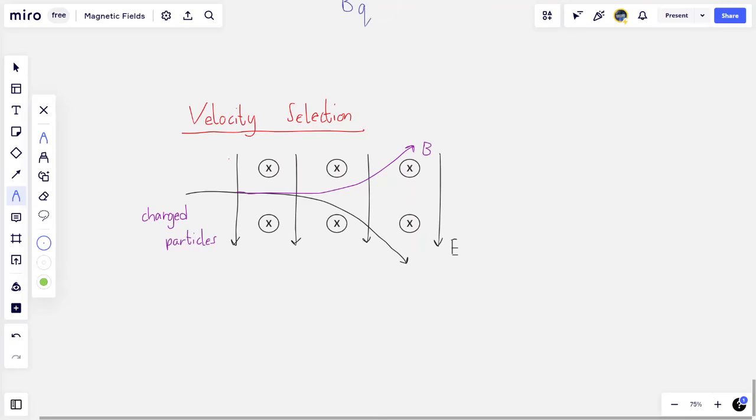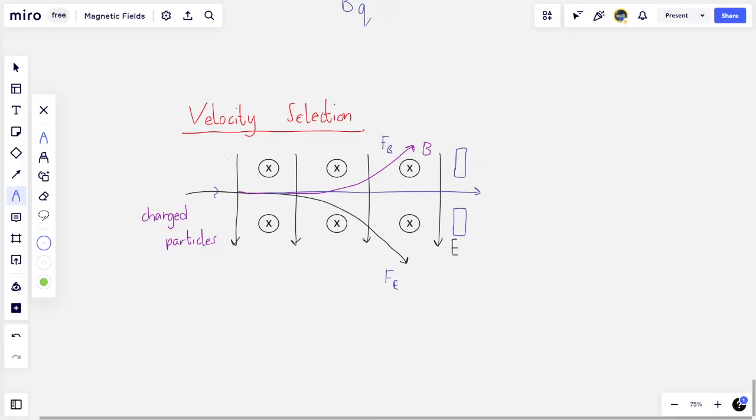And so if I want particles to move straight through, undeflected, and let's assume I put something to capture the extra charged particles, remember I have a force FB pulling it up, and I also have force Fe pulling particles down.